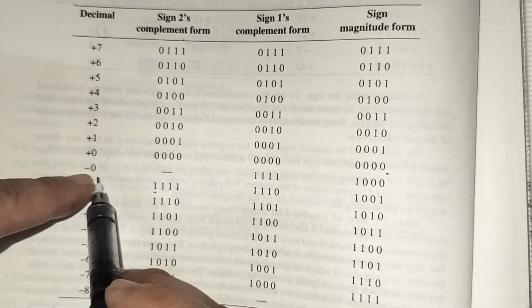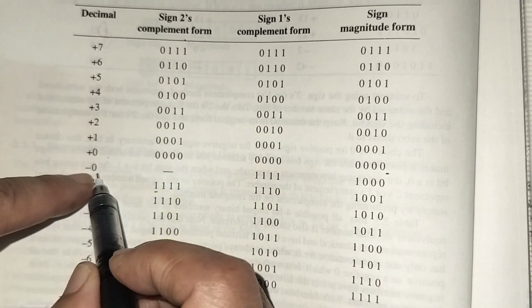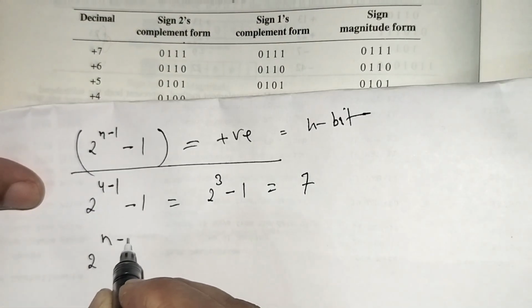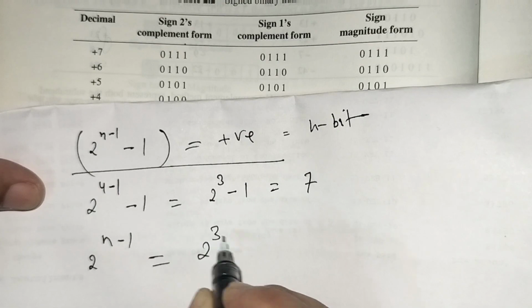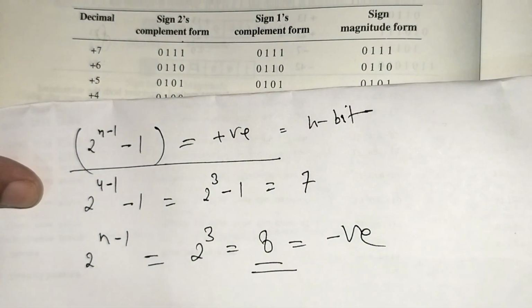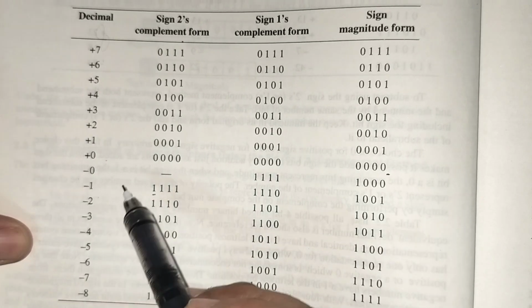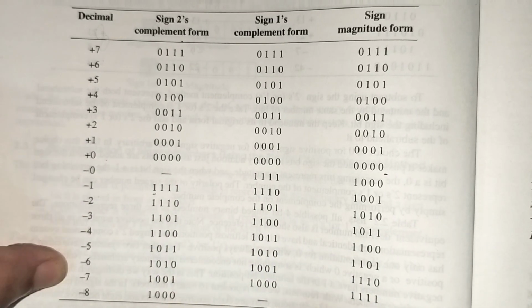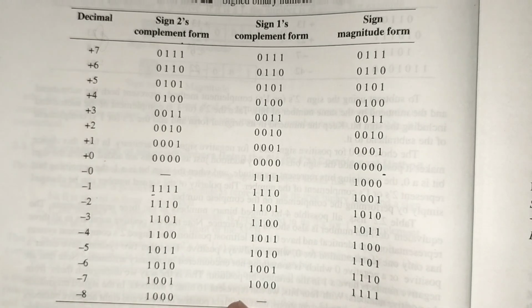It has a unique 0, and the 2's complement of 0 is 0. The negative numbers are 2 raised to power n minus 1, meaning 2 raised to power 3, which is 8, so there are 8 negative numbers. We can see here 8 negative numbers, -1 to -8. So the negative numbers are 8 in the case of 2's complement.